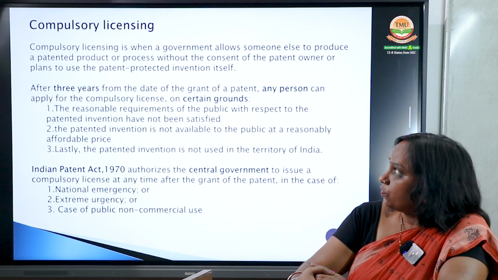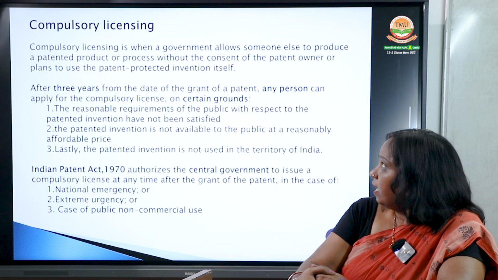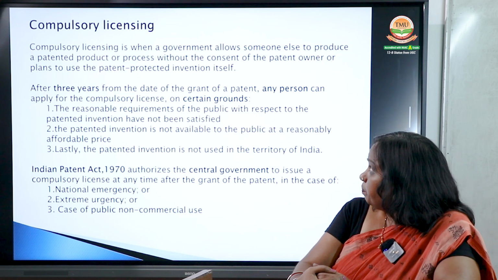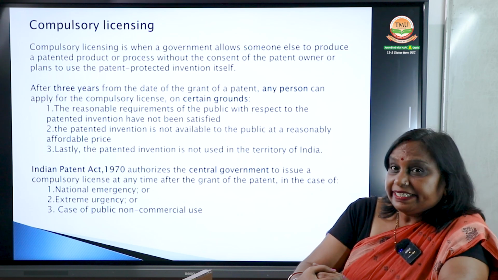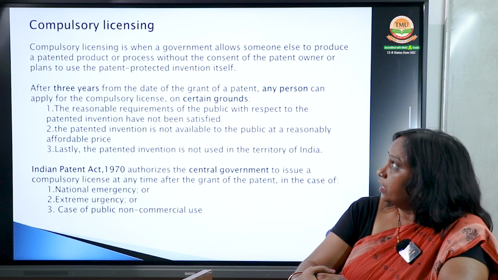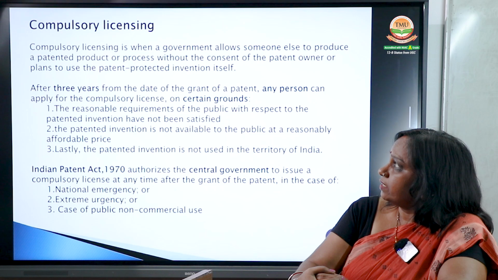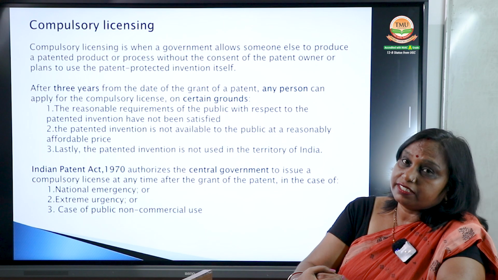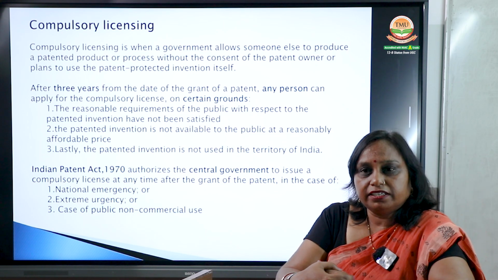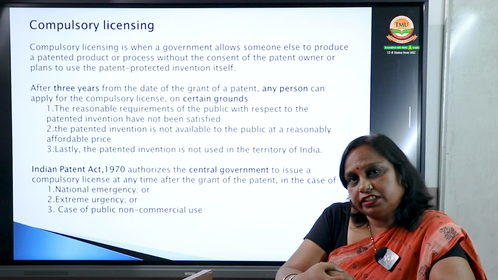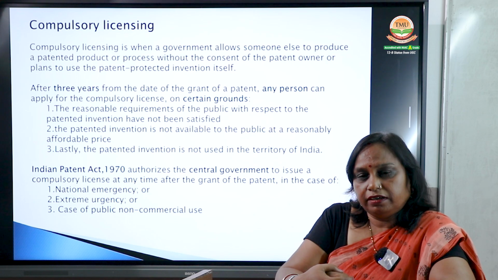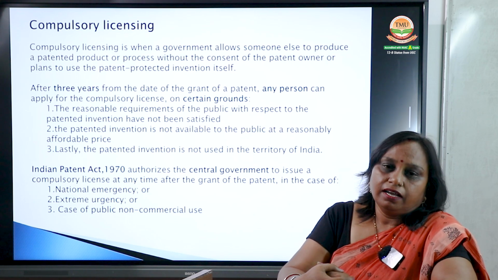Compulsory licensing is when a government allows someone else to produce a patented product or process without the consent of the patent owner, or plans to use the patent-protected invention itself. So friends, what is the general rule in the case of a patent?